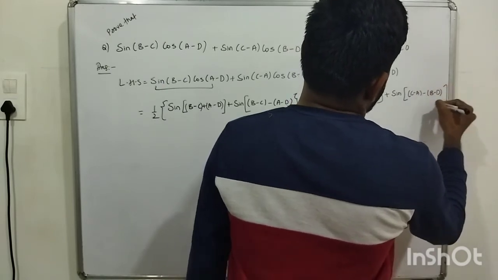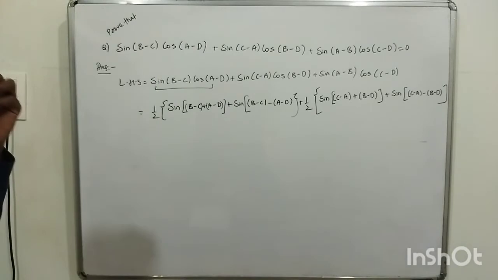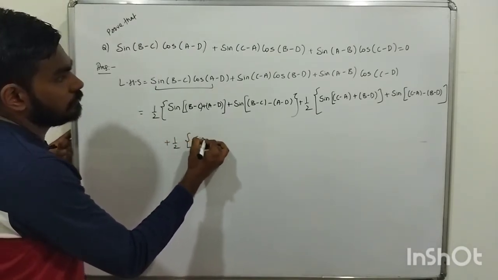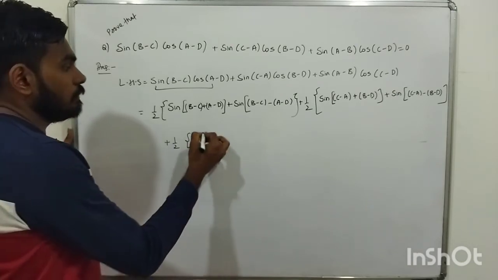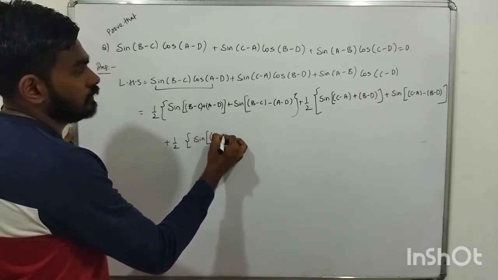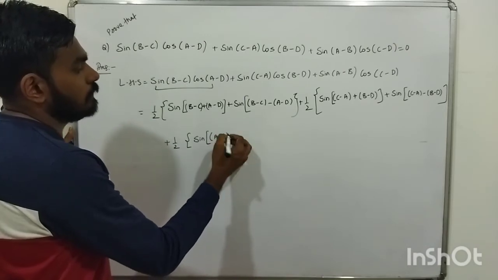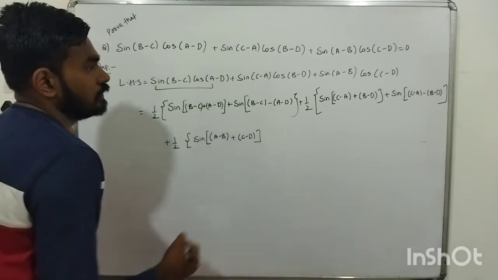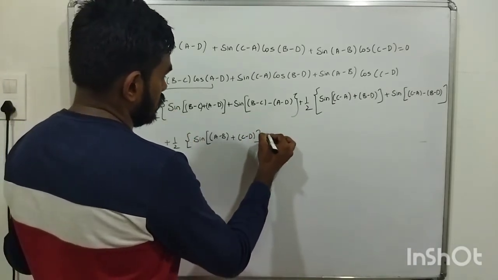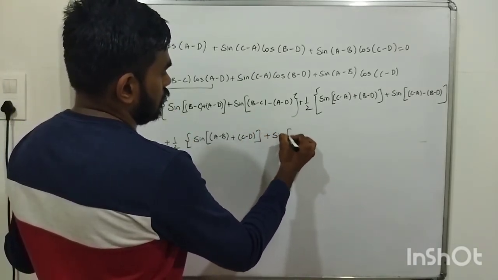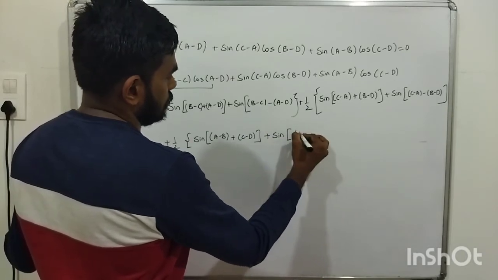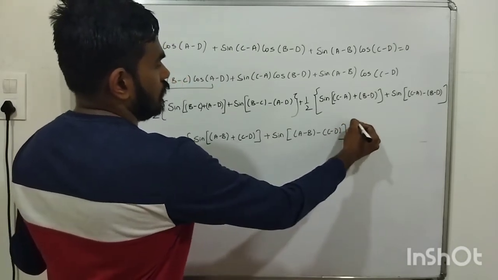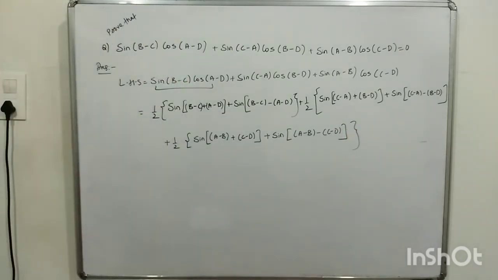This is the second one, and the third one now, plus half sin(a minus b plus c minus d) plus sin(a minus b minus c minus d). Okay, so now just simplify this.